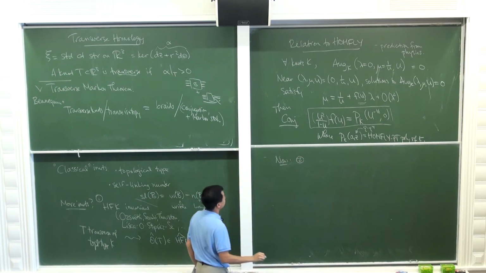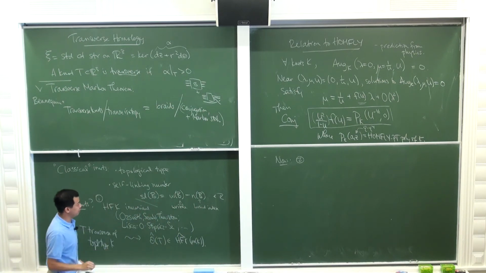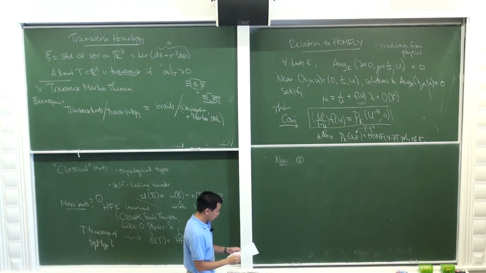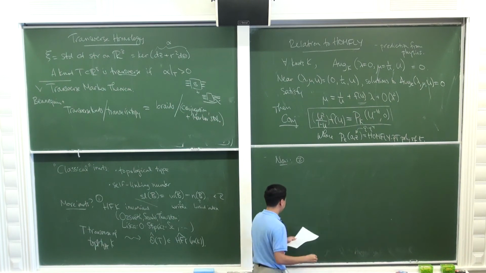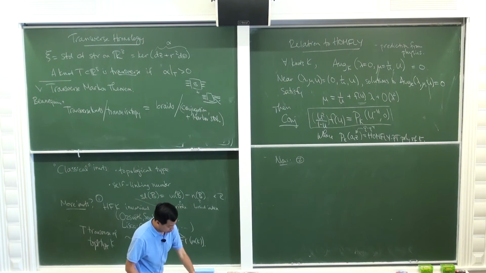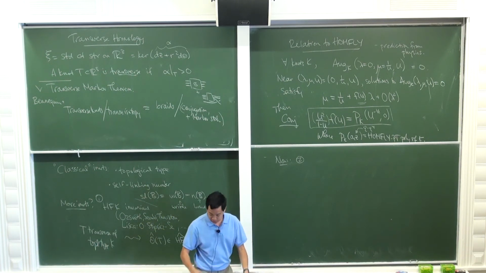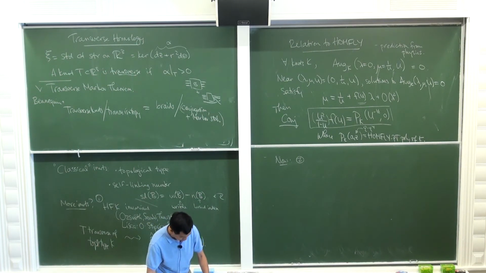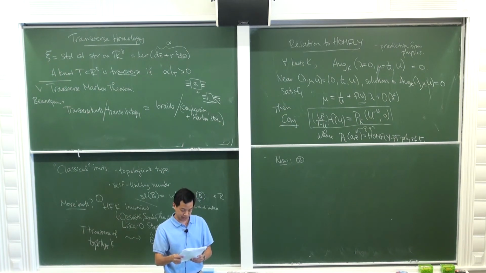What I'm going to give you is a second effective invariant of transverse knots, and this is transverse homology. I'm just going to stare at the definition of the knot DGA, hopefully on page 6.